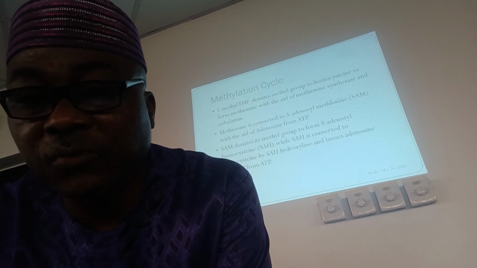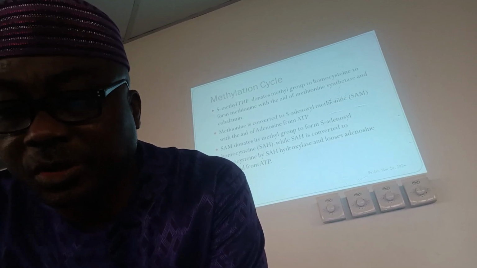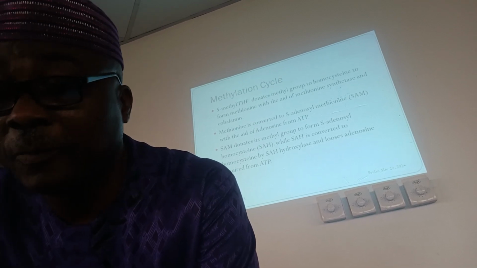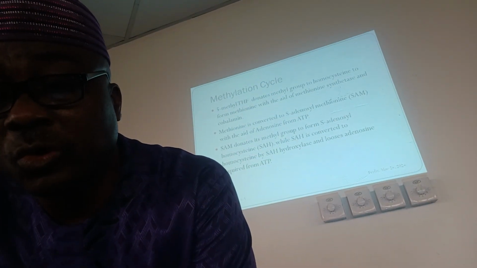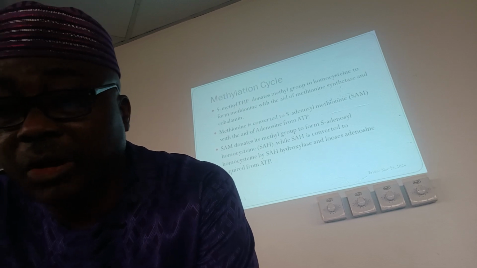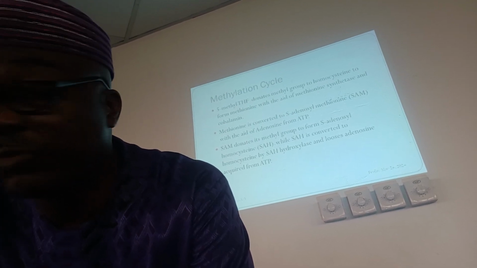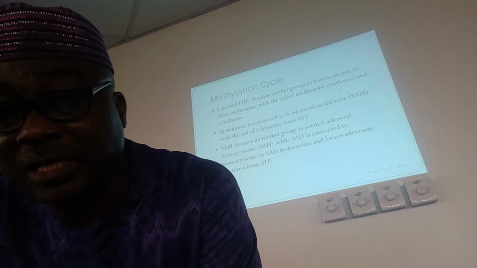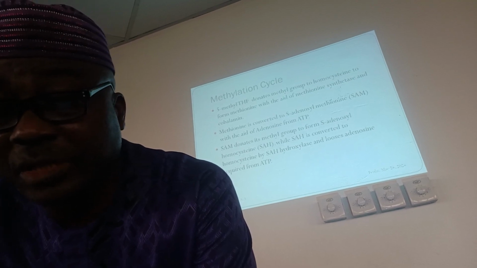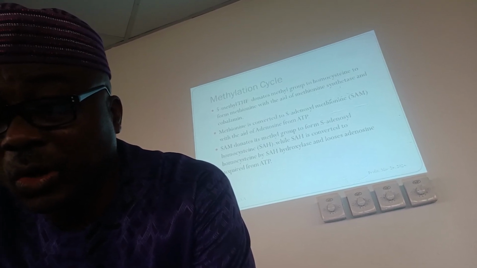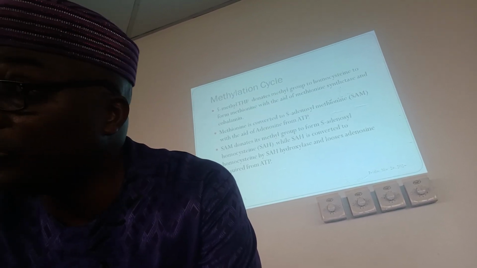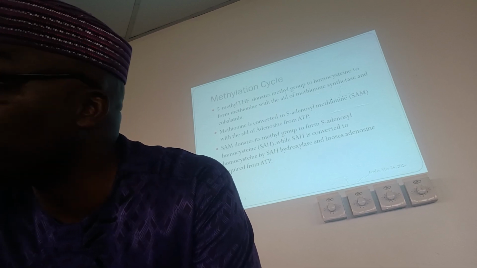So 5-methyl tetrahydrofolate donates its methyl group to homocysteine to form methionine with the aid of methionine synthase, and cobalamin is needed for that reaction. Methionine is converted to S-adenosyl methionine with the aid of adenosine from ATP, adenosine triphosphate. SAM, which is S-adenosyl methionine, donates its methyl group for DNA methylation, and then you now have S-adenosyl homocysteine.